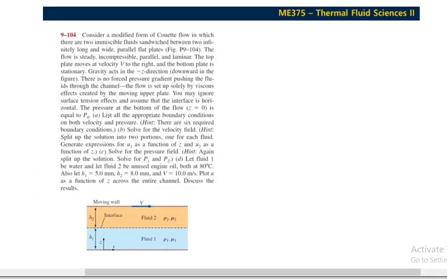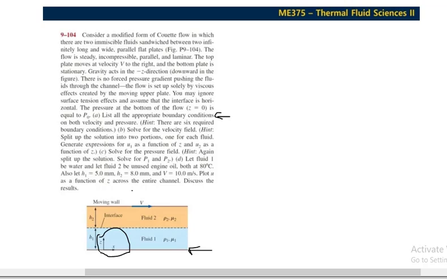You can see that in part A, it is the requirement of the question to identify the boundary conditions. This is our figure. In the figure you can see this wall is our fixed wall. The position of the coordinate system is important in every problem where you assign it.